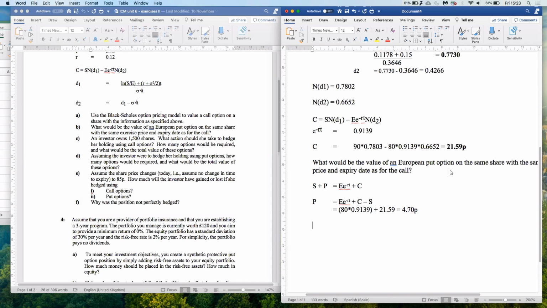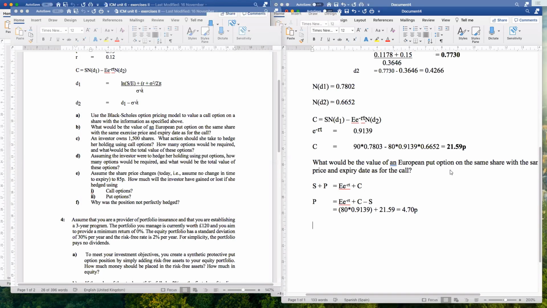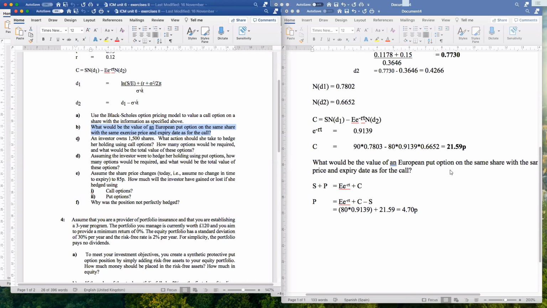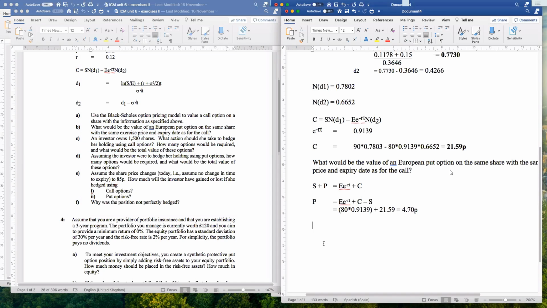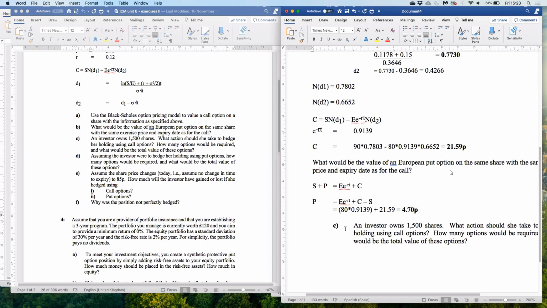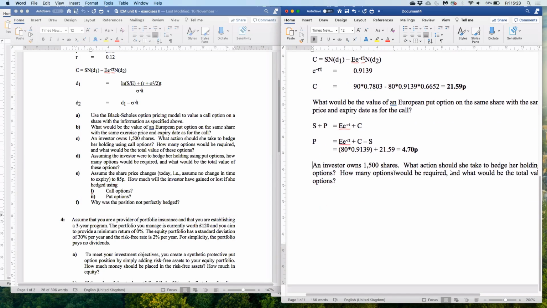Okay, that's for question 3B. For question 3C, an investor owns 1,500 shares.